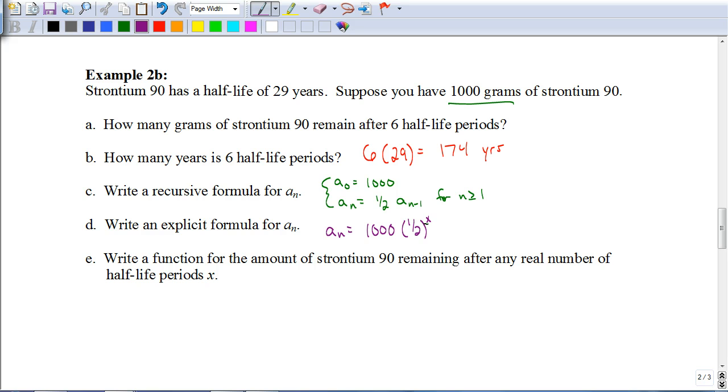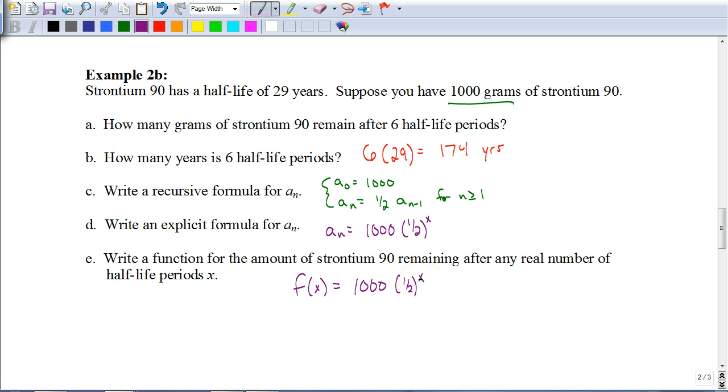Now, this one we skipped in the last one, but just to touch base on it. When it says write a function for the amount of strontium-90 remaining after any real number of half-life periods x, instead of writing it as an explicit formula, they just want you to know that the relationship between an explicit formula and a function is that we would write it like this. Same equation, it would just be f of x equals 1,000 times 1/2 to the x power.